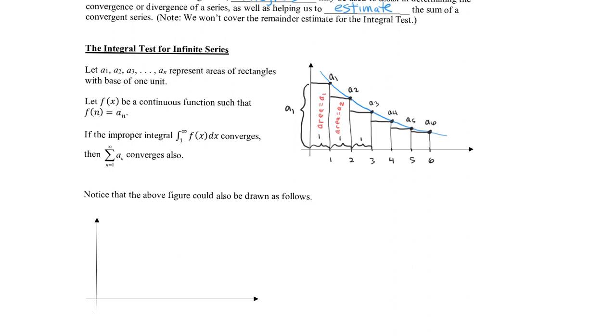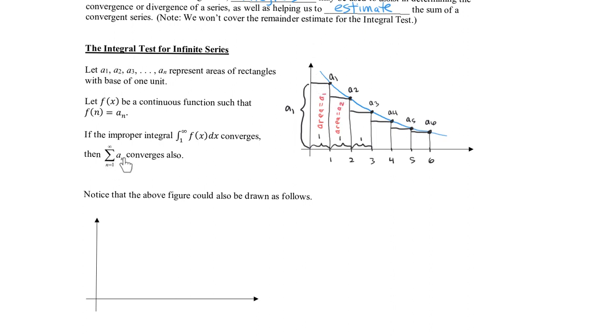The integral test basically says that if the area under this curve converges, then the sum of these rectangular areas must converge also, because they're less than that. If the area under this curve adds up to a finite number, then the areas of these rectangles also must add up to a finite number, because they're less, right?